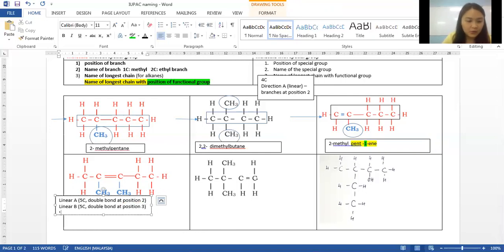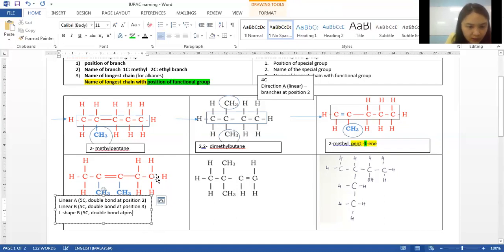And if I go L shape B, the longest that I can stretch is over here, 5 carbon, and if I go L shape, the longest L shape is over here, double bond at position 2.